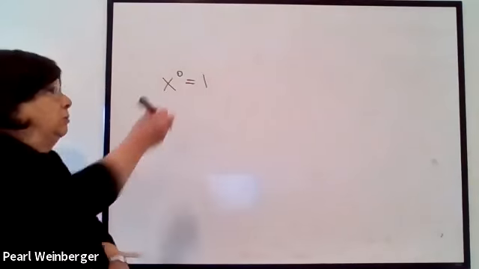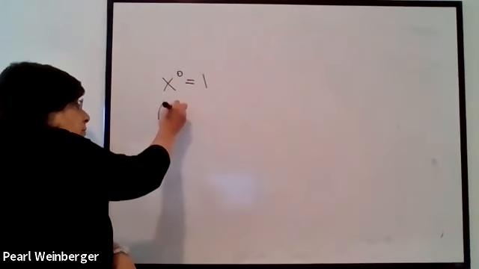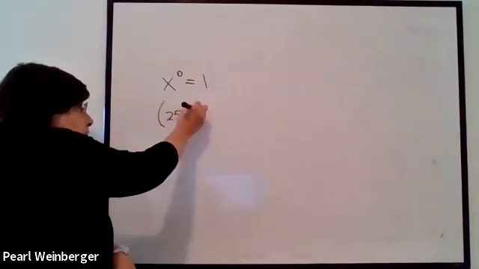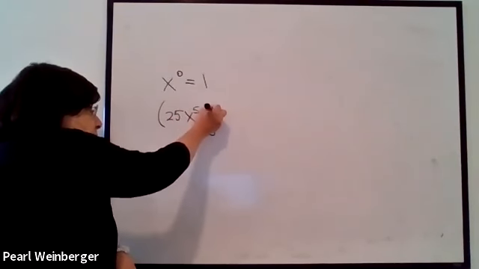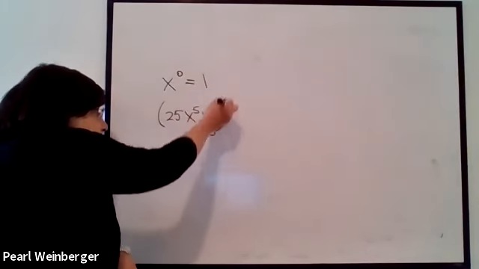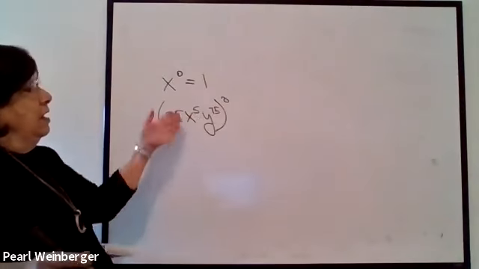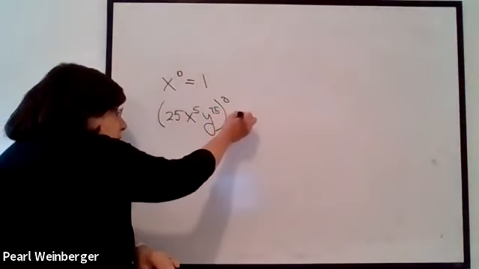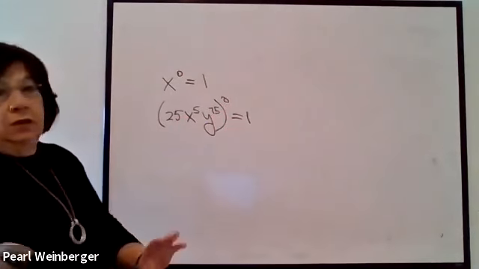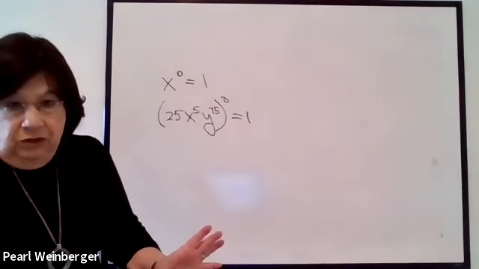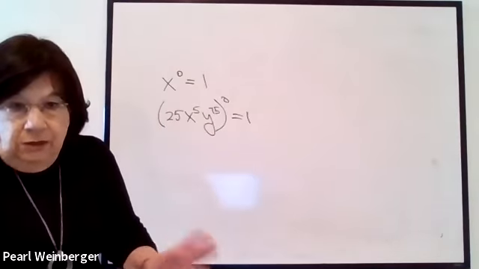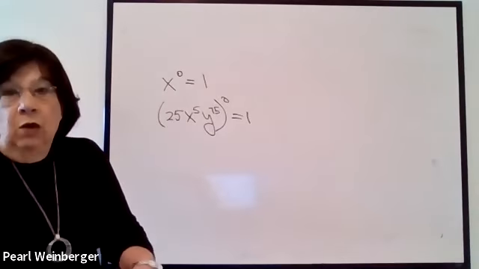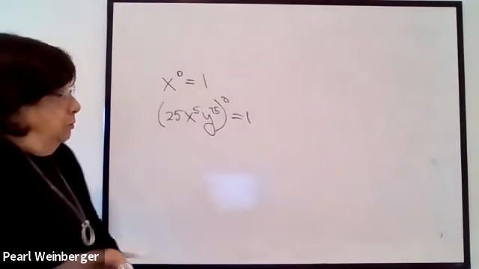Anything to the 0 exponent, even 25 x to the fifth y to the 75, if there's a 0 on the outside, it doesn't matter how complex it is, it's equal to the number 1. So that's the first thing. 0 exponents mean 1.